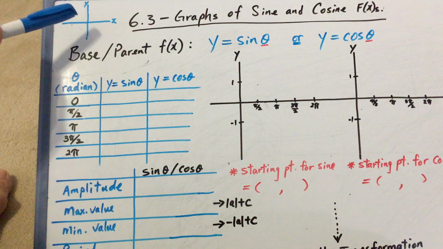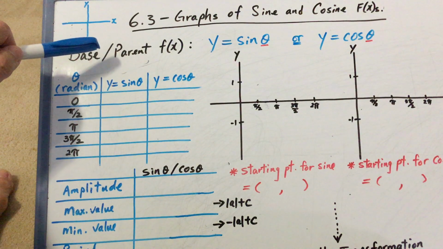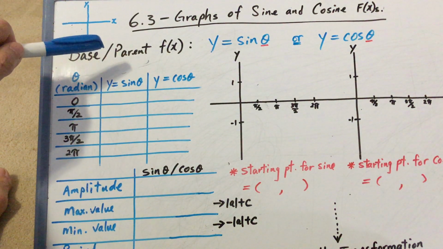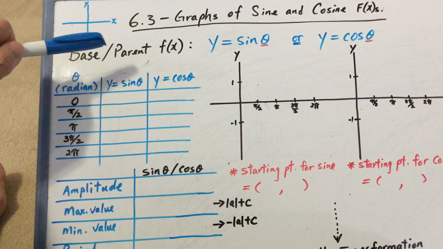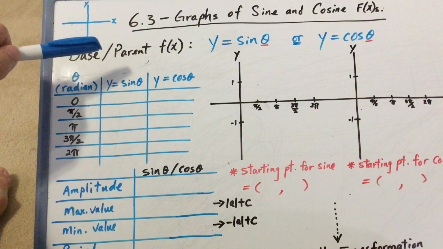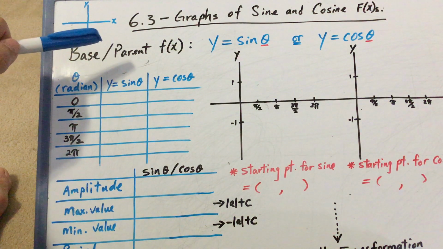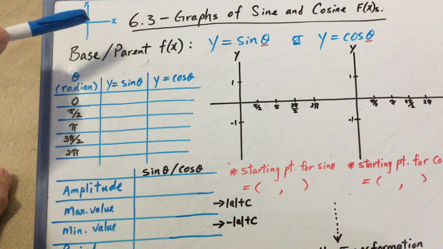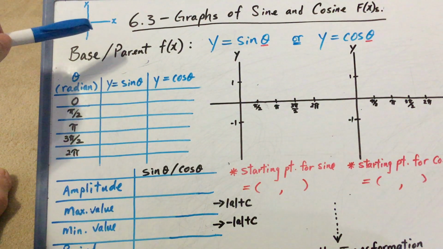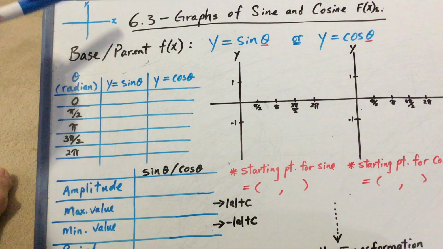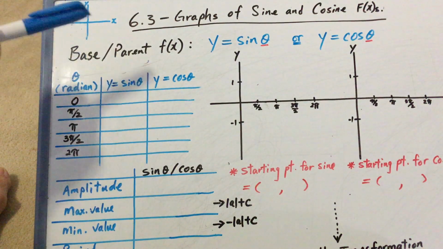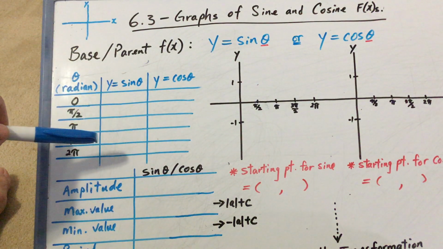And the other group of special angles are 45 degrees, pi over 4, or 30 degrees, pi over 6, or 60 degrees, pi over 3. Those are pretty much the only angles that we will be dealing with when it comes to the graphs of the sine and the cosine.